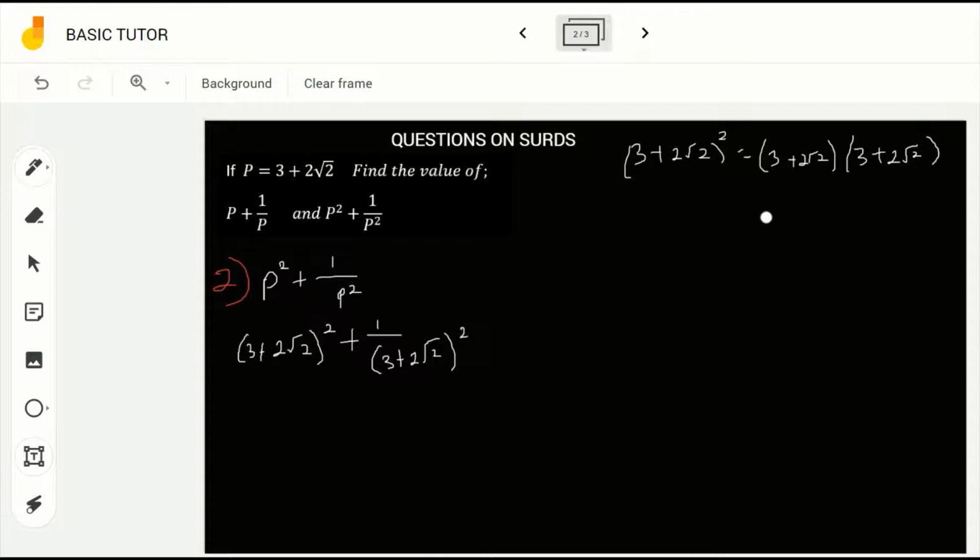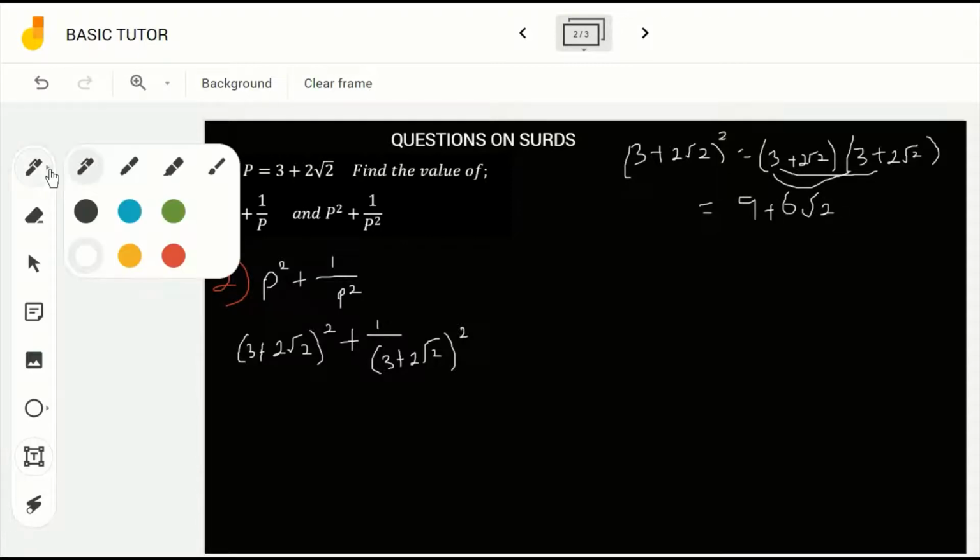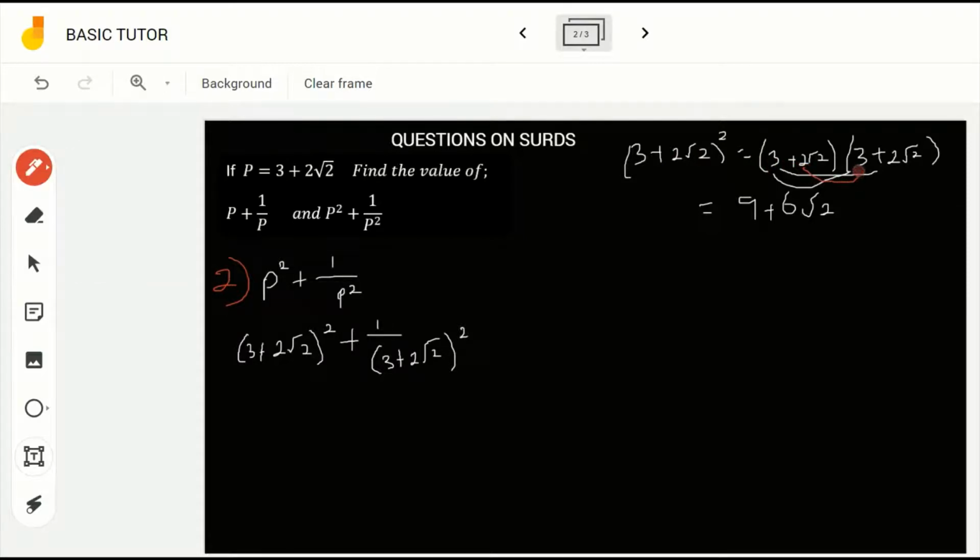Expanding, 3 times 3 is 9. 3 times 2 root 2 is 6 root 2. 2 root 2 times 3 is plus 6 root 2.